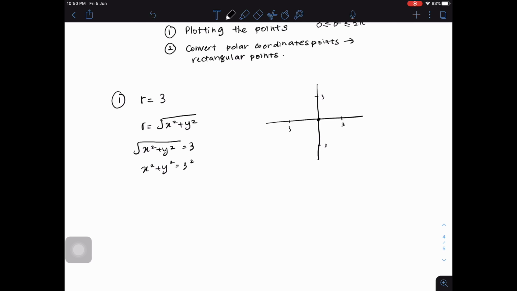So this is your polar curve. If you want to write the polar coordinate here, you know that the polar coordinate is in the form of r, theta, where r is the distance from your origin to the point and theta is the directed angle. Therefore, at this point you have the distance equal to 3 and the angle equal to 0.